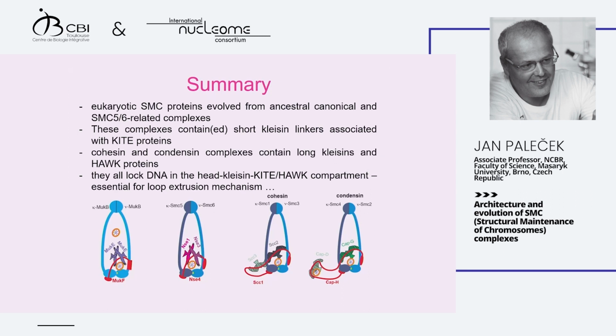Then cohesin and condensin complexes evolved from these Kite-containing complexes by replacing the Kite proteins with Hawk proteins. But in the end, they all lock DNA in a very similar way in this compartment composed of head domains, kleisin, and Kite or Hawk subunits, which physically bind to the DNA and hold it there in this compartment.